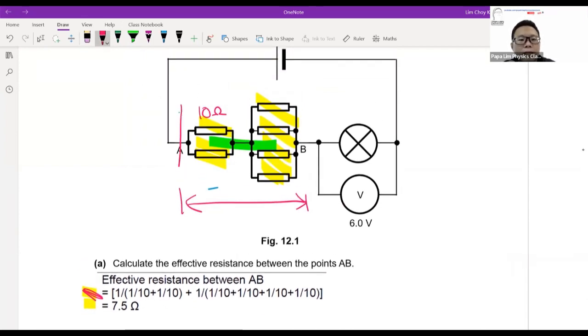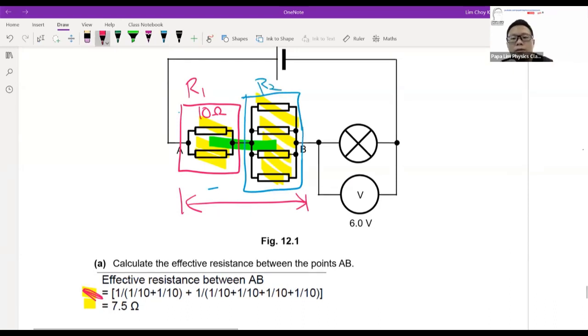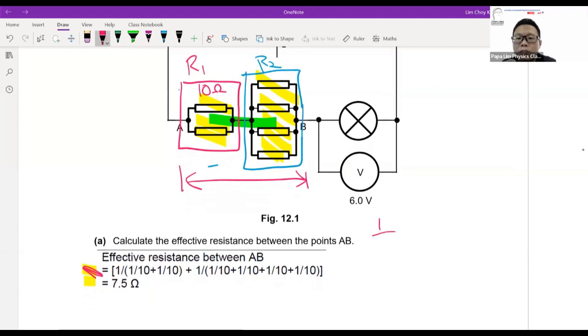So let's say this is one set, R1, and this is another set, R2. To find the resistance of R1, which is 2 resistors in parallel, remember the formula is 1 over R plus 1 over R. So you get 2 over 10, which is 1 over 5.